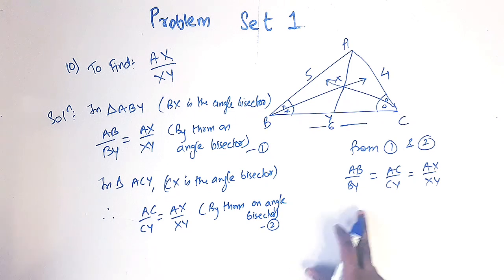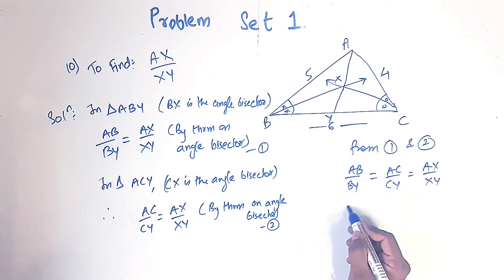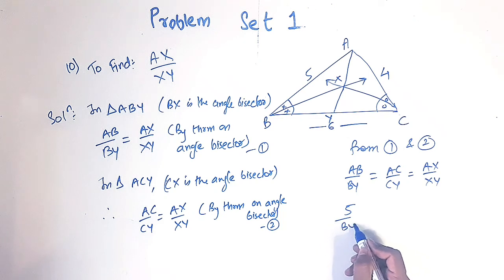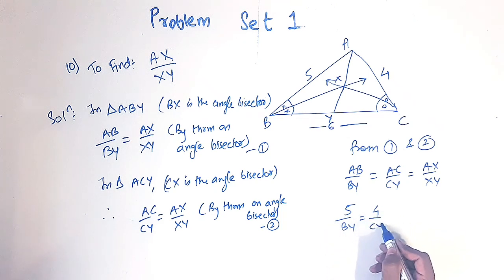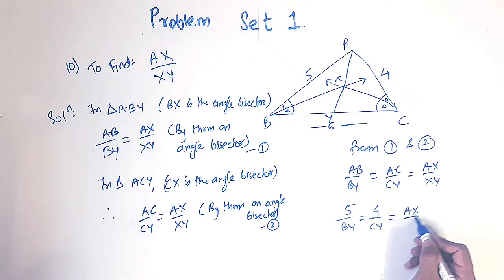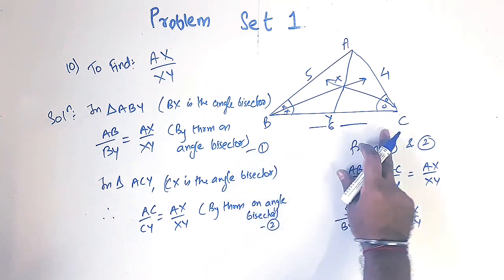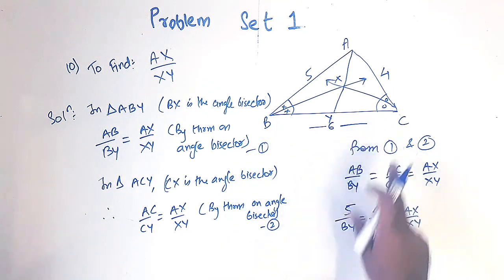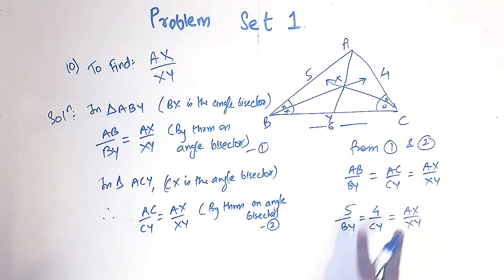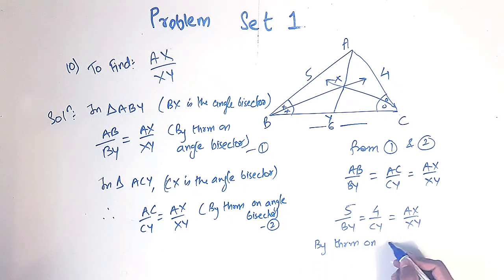Now whatever measures I know, I will write here. AB is 5, BY we don't know, AC is 4, CY we don't know, and AX upon XY we have to find. Now students, BC is given as 6. BC is not here, but if we add these two, we'll get BC. By the theorem on equal ratios we can add this.